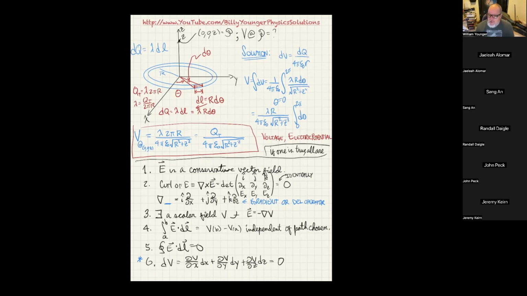And you can set that equal to the itty bitty bit of charge that you have divided by the length or area or volume of the itty bitty piece that you have. Okay. So that's just something that goes on and on, not only in Coulomb's law, but in Gauss's law. And later we're going to do something like it in Ampere's law as well.